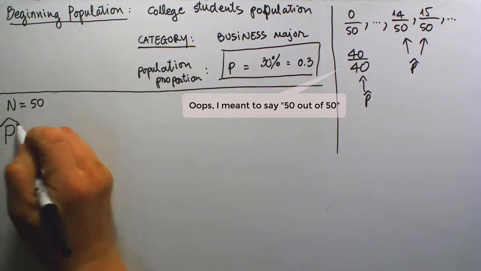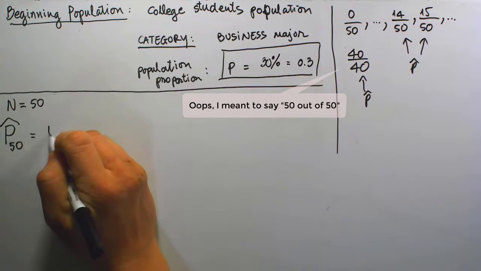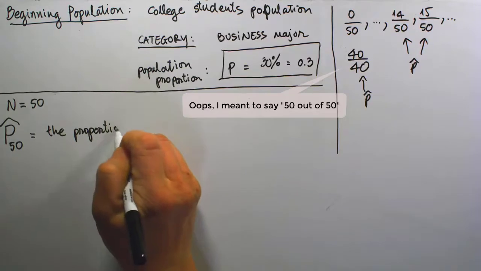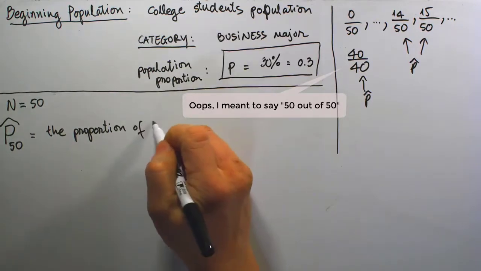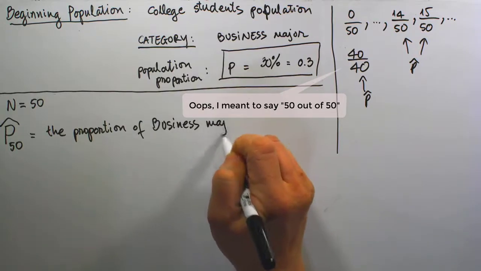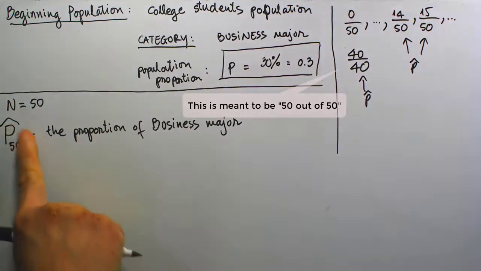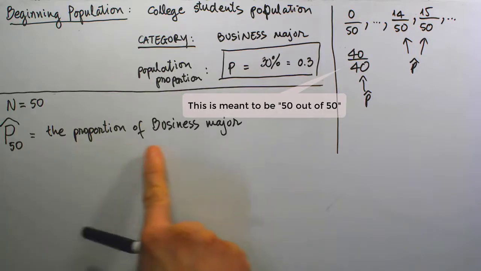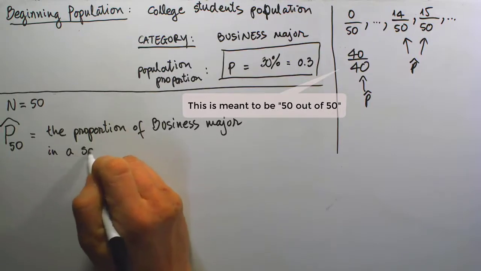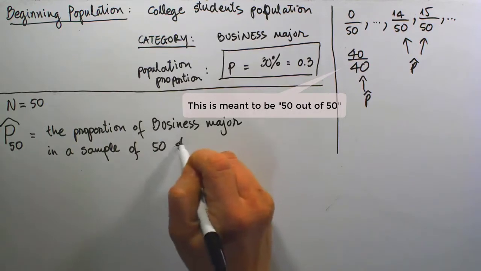So in the end, what we have here is a random variable, capital P hat 50 this time, which represents the proportion of business majors, because we're still studying the exact same category. So capital P hat 50 represents the proportion of business majors in a sample of 50 students, college students.